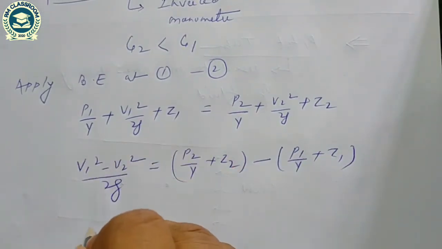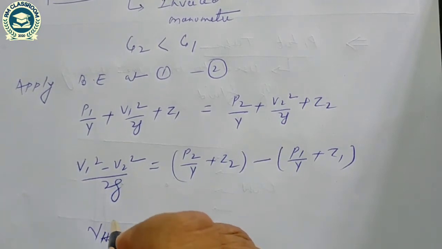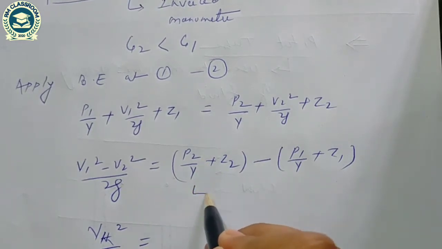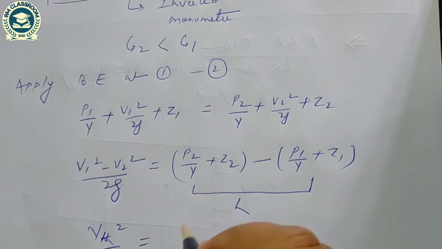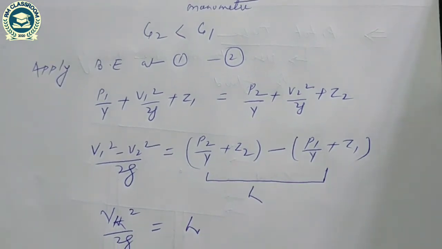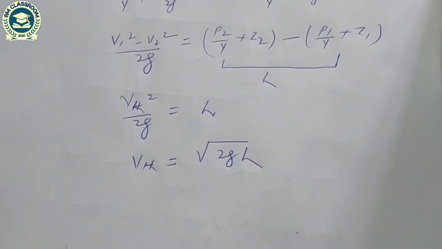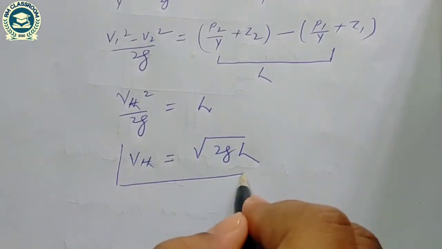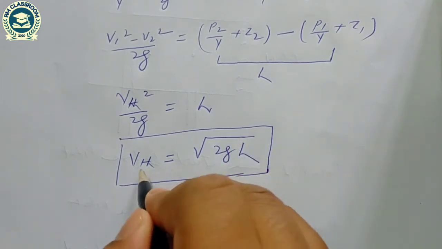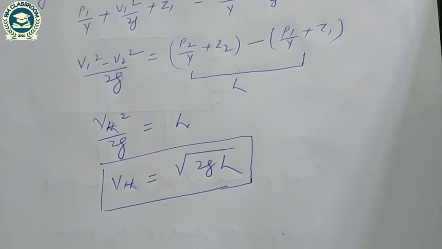And we can write V theoretical whole square divided by 2g is equal to this, which is the piezometric head difference, or differential head of the pitot tube. So V theoretical is equal to the square root of 2g into h. So the theoretical velocity in a pitot tube is square root of 2gh.